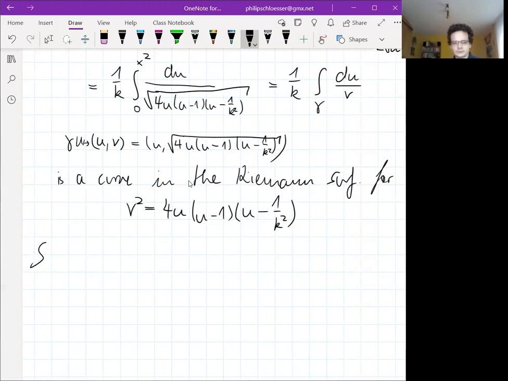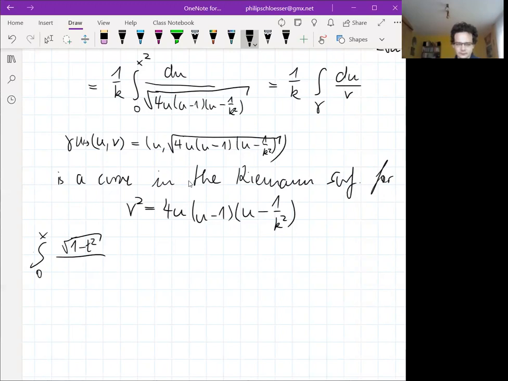So yes, the incomplete elliptic integral of the first kind is actually an elliptic integral. Who knew? We can do the same for the incomplete elliptic integral of the second kind.